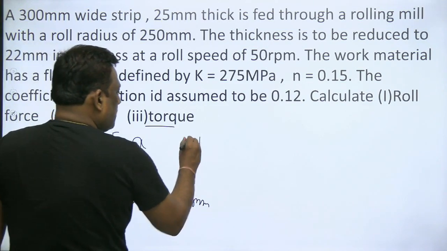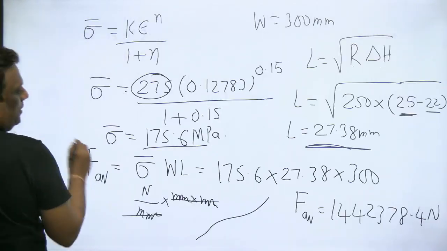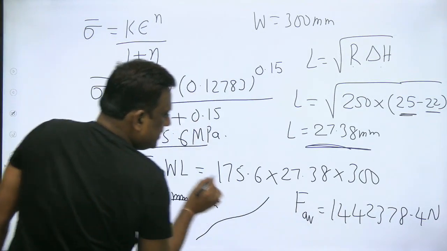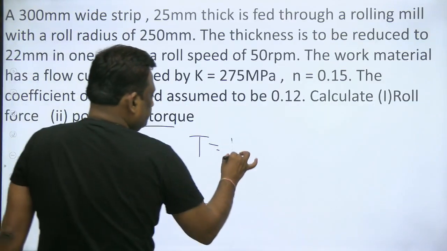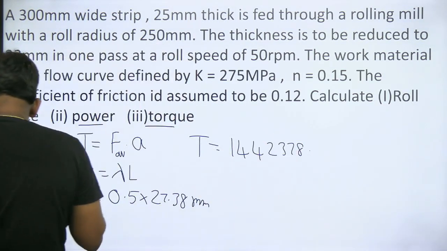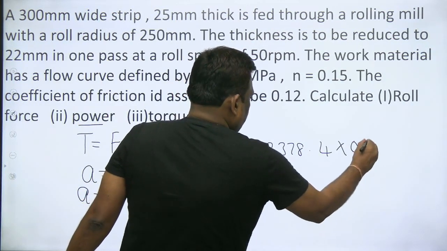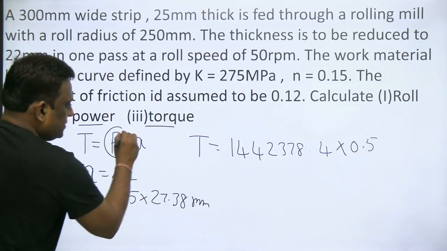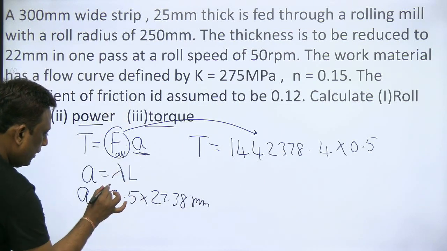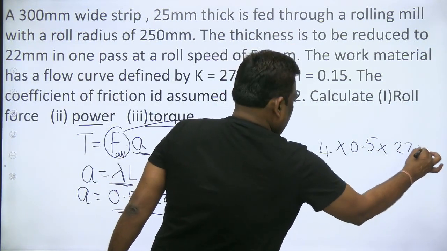So therefore, torque will be equal to average force. What is the average force? We just calculated it. 1442378.4 into 0.5. Look, this is F average into A. What is A? Lambda L. Lambda into L is 0.5 into 27.38.